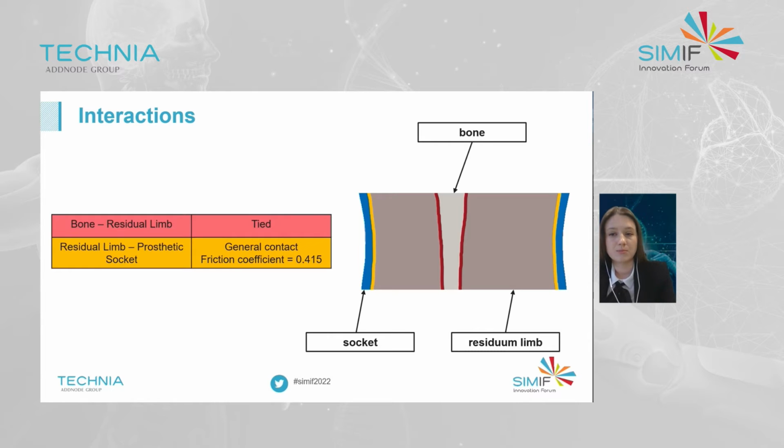The interaction between the bone and the soft tissue was modeled using a tie condition that simulates the perfect bonding between two materials. The interaction between socket and the stump was modeled using a general contact condition. And taking into account that during the donning procedure, the amputees use some kind of sock to insert the stump into the socket, a friction coefficient was assigned to the contact.